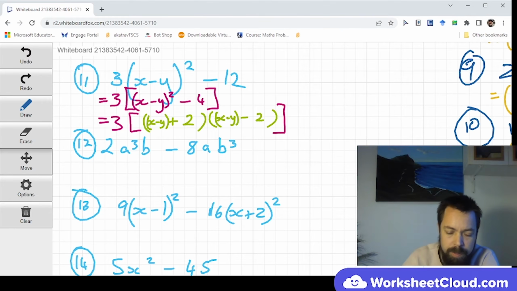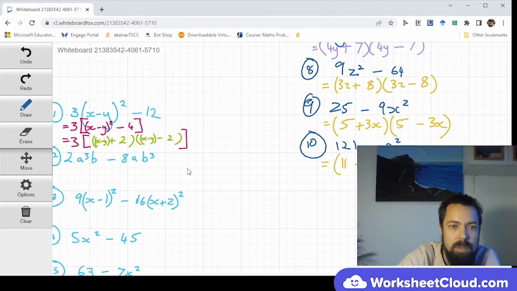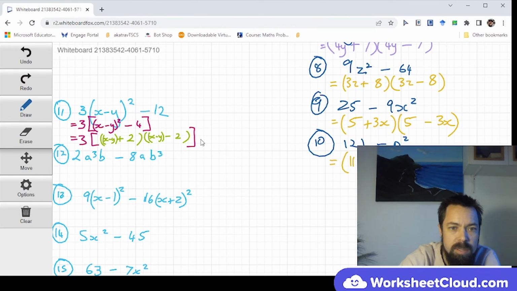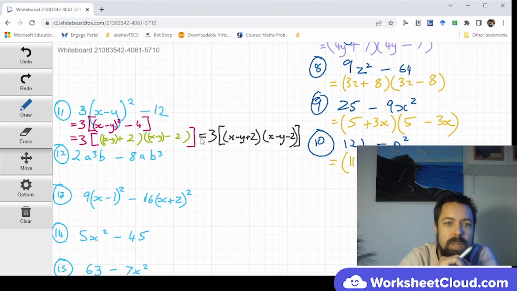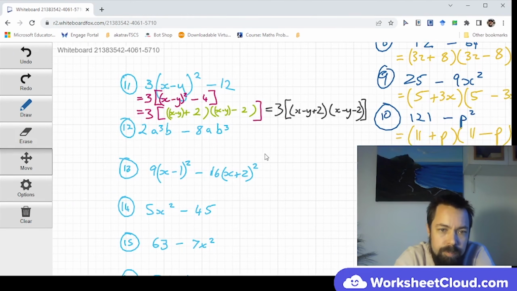I'm going to do it on the right hand side over here. So I'm going to say equals, I've got my 3 on the outside of my bracket. The brackets on the inside don't make a difference, but I've got x minus y plus 2 multiplied by x minus y minus 2. Right, and then we close our big brackets. Okay, and there's our final answer.